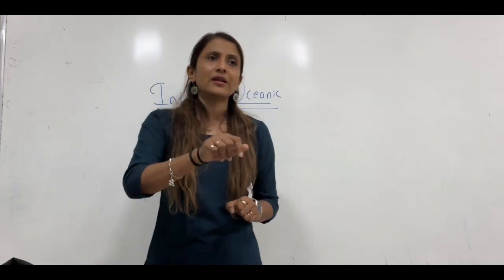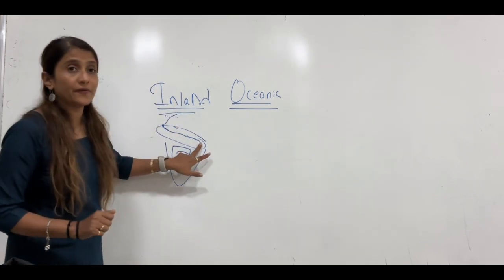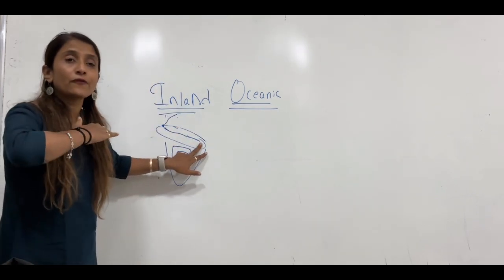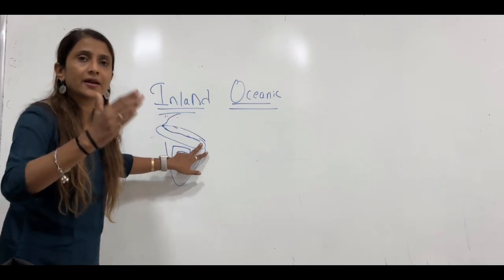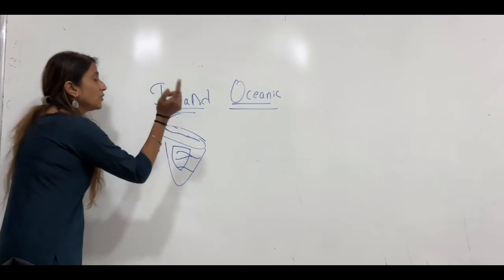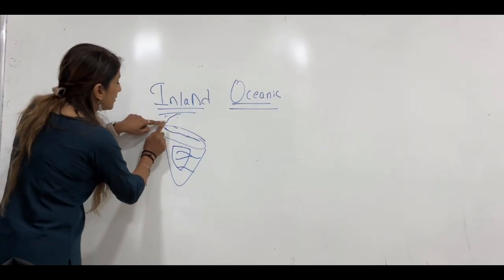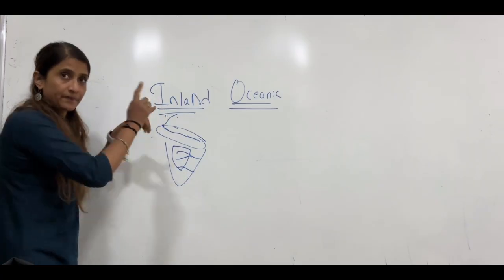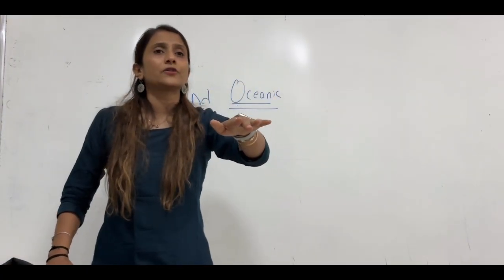Peninsular rivers will have less volume because they are only rain fed. Northern plain rivers flow through flat terrain, no rapids, no waterfall. I repeat, I am referring to the rivers of the north when they start flowing through the plain, not the full journey. In the plain, they flow through flat terrain, no rapids, no waterfall.